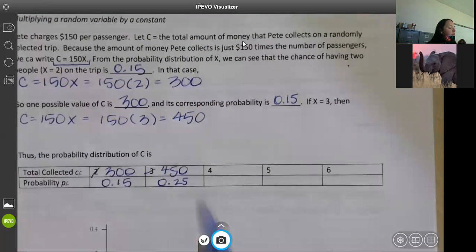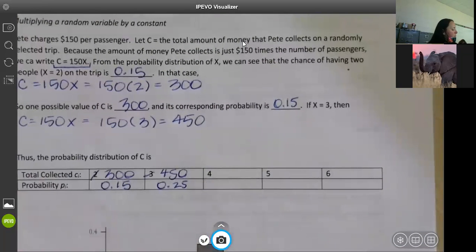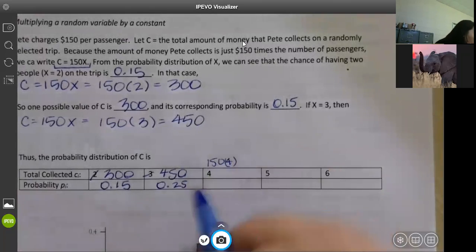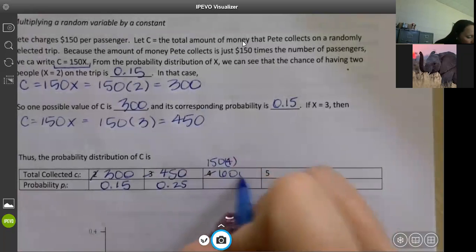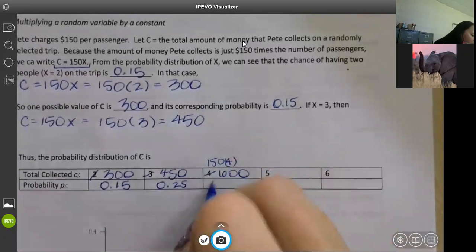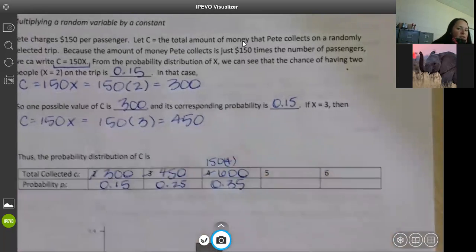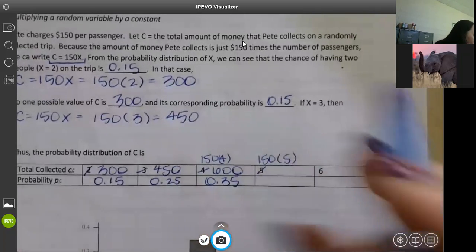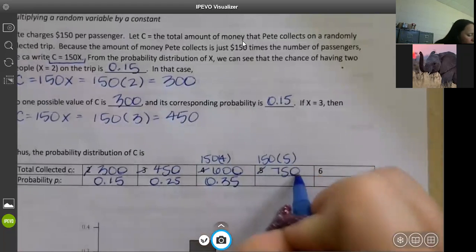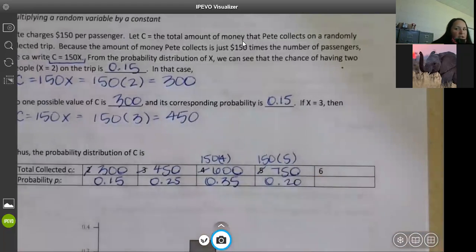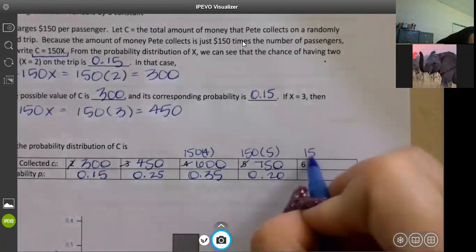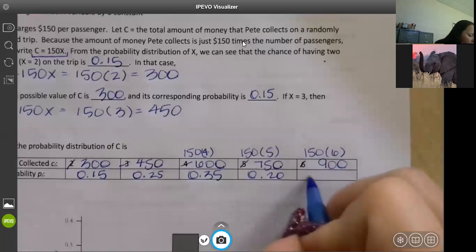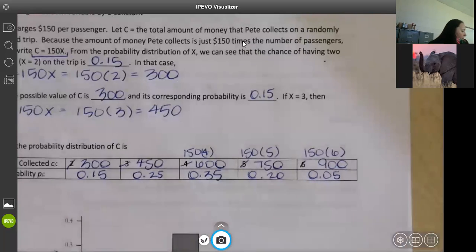How would I get 4 passengers total? 150 times 4, which is 600. I just want you to know where these numbers are coming from. And still a 35% chance. This one would be 150 times 5, which is 750, with a 0.20 chance. And then 150 times 6 is 900, with a 0.05 chance.